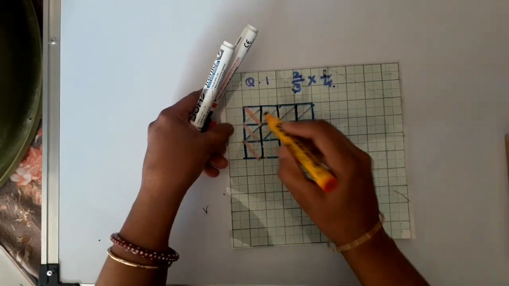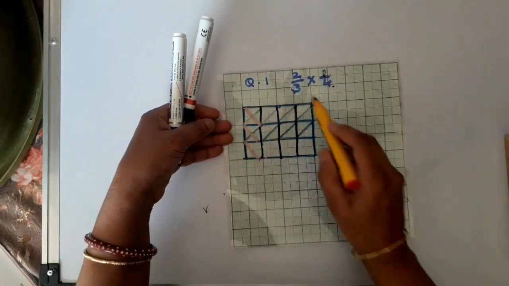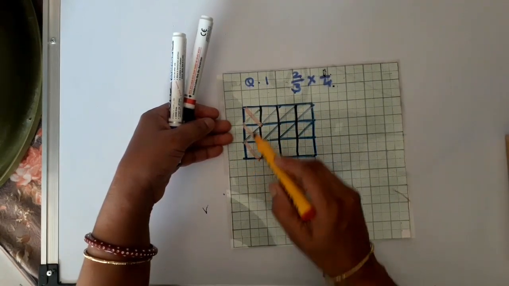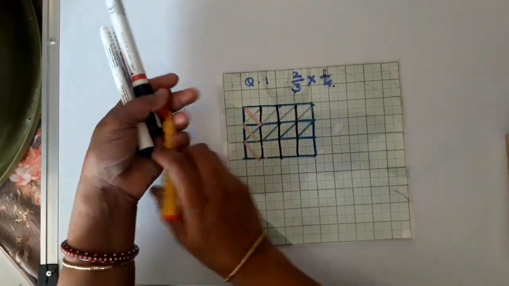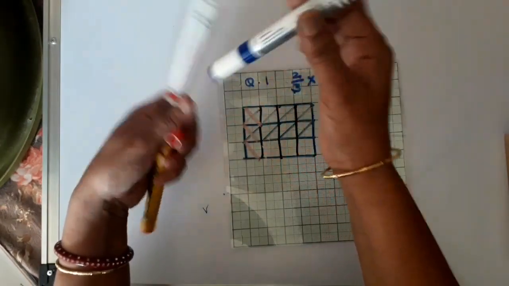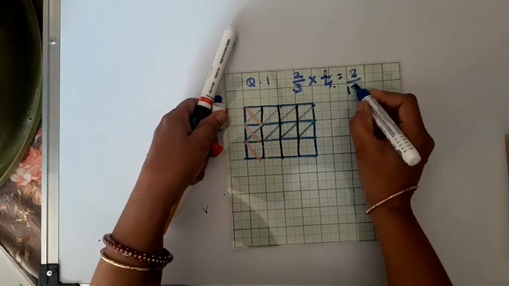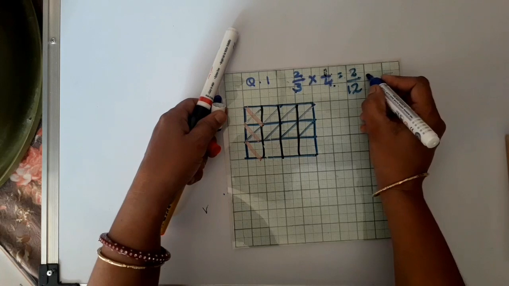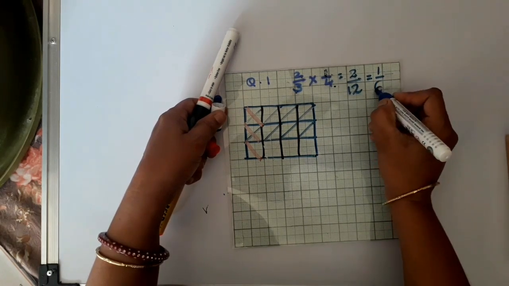Now I need to check, out of these 12 equal parts, how many squares have both the colors. So here you can see that 2 squares have both the colors, that is 2 out of 12, and still further you can reduce it. 2 ones are 2 and 2 sixes are 12.